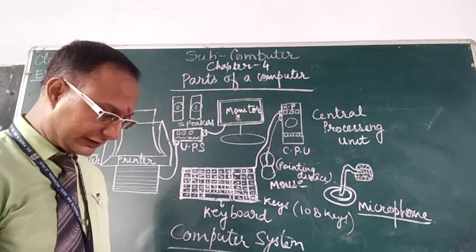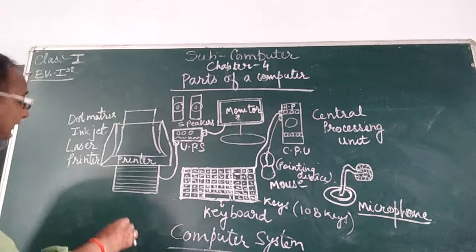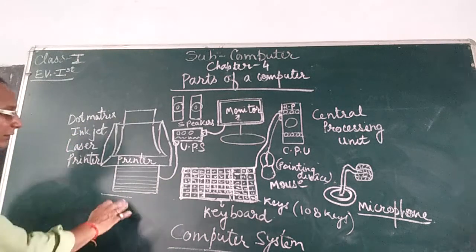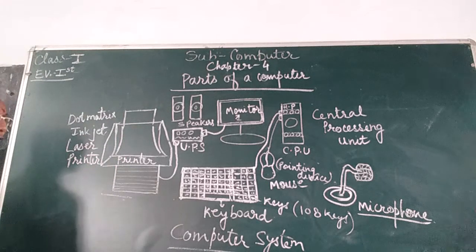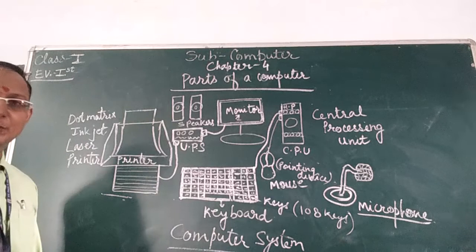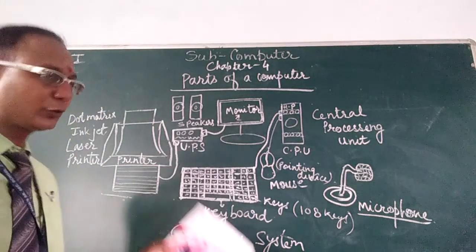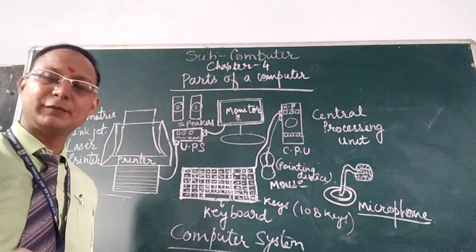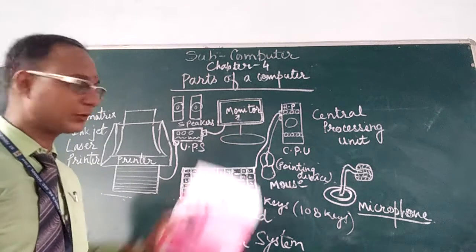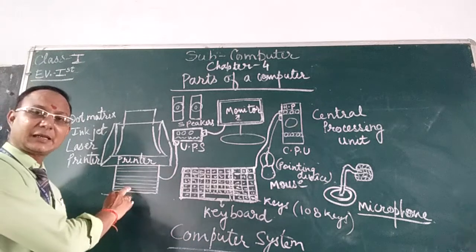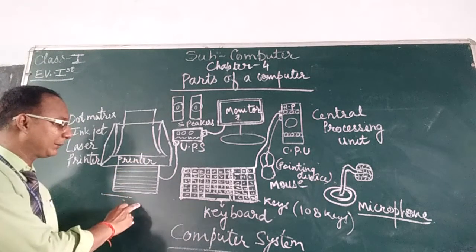After this, we will study the printer. This device is called a printer. It is used to take a printout of our work done on the computer monitor. When we want to take a copy of that work on paper, we take a printout with the help of a printer.